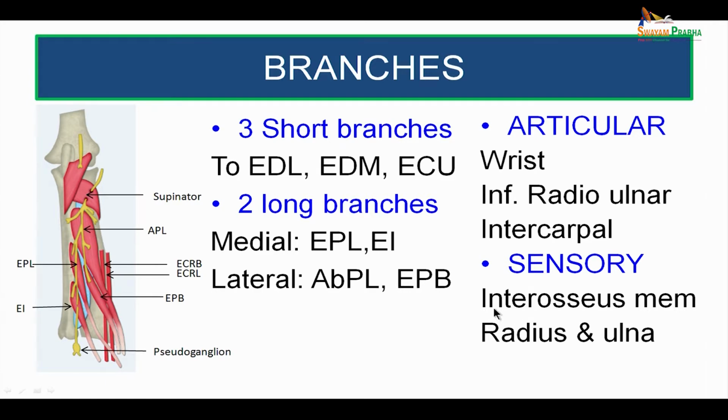There is a sensory supply to the interosseous membrane, radius and ulna. We can note that the end of the posterior branch ends in a pseudoganglion which supplies the intercarpal joints and the ligaments.